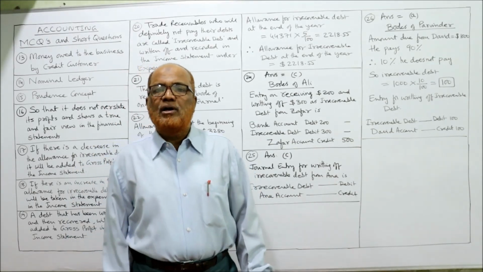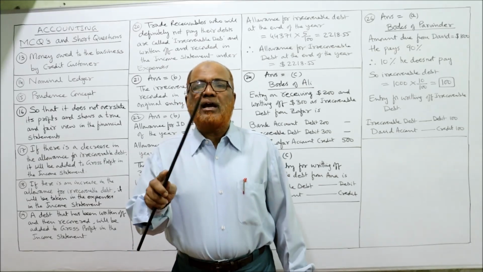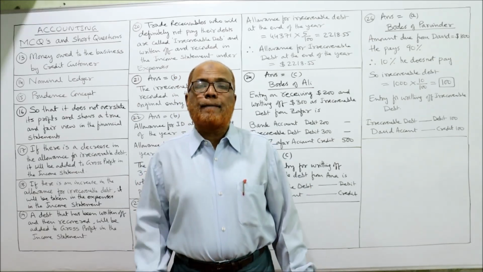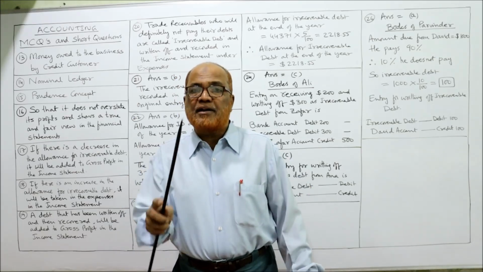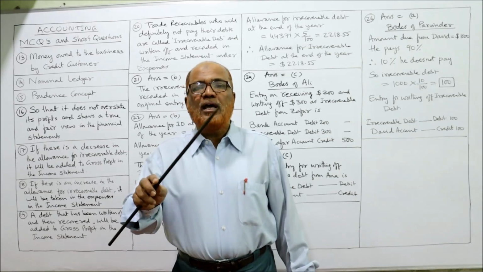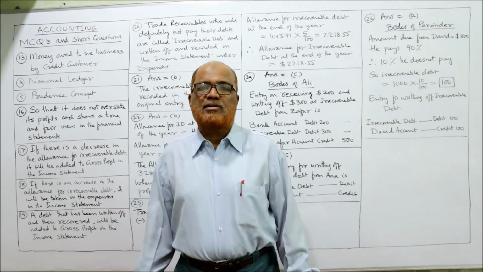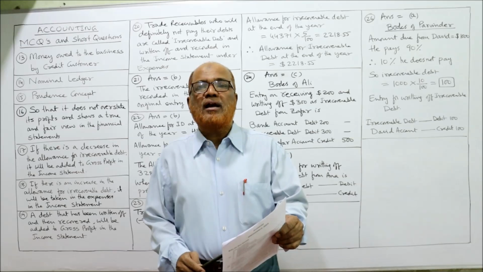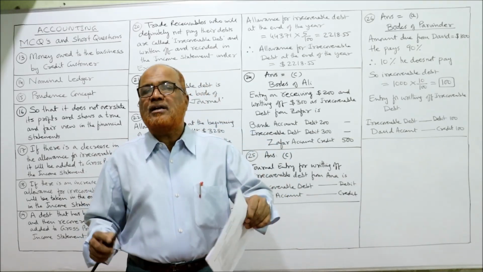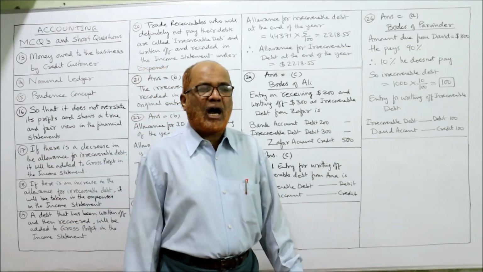Now, what entry will Parvinder make to write off the irrecoverable debt? Just now we have seen the entry for irrecoverable debt: irrecoverable debt debit, David credit. Who is the credit customer? The credit customer should be credited, so David should be credited. The amount is $100. How 100? 90% he paid, 10% he has not paid, so 1,000 × 10% is 100.